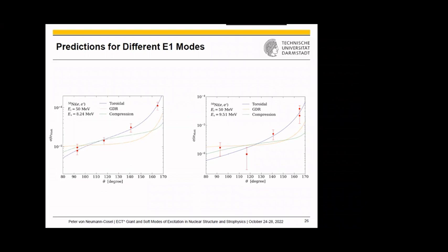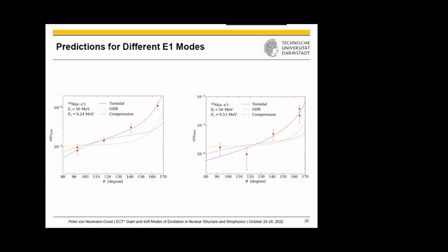So the blue shows you again the prediction using the information from a toroidal state at low energies. Now the yellow curve is if you assume this is a fraction of the isovector giant dipole resonance, and you can see that this looks very different, basically because the ratio between longitudinal and transverse is very different.